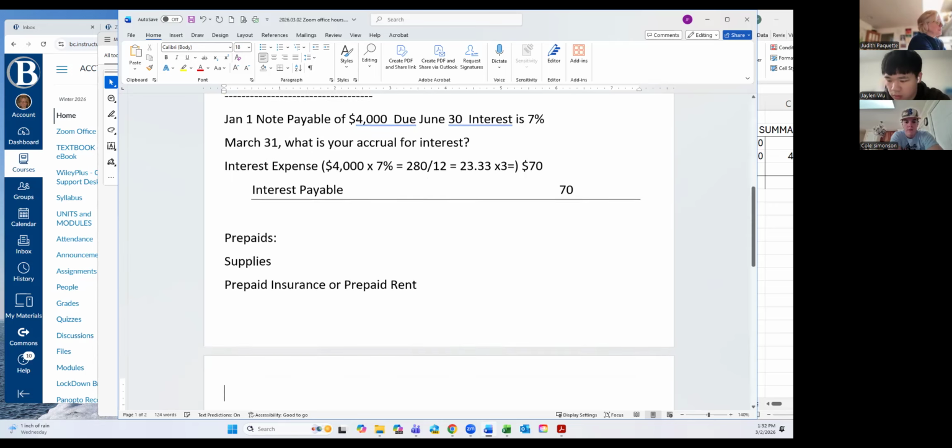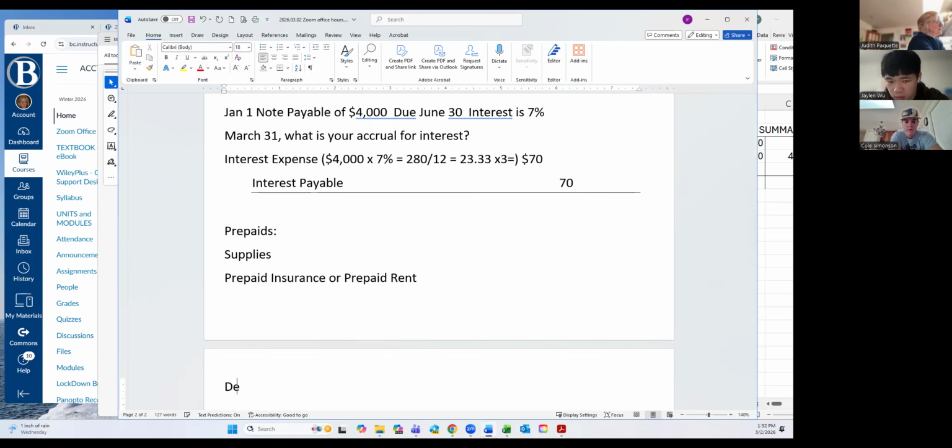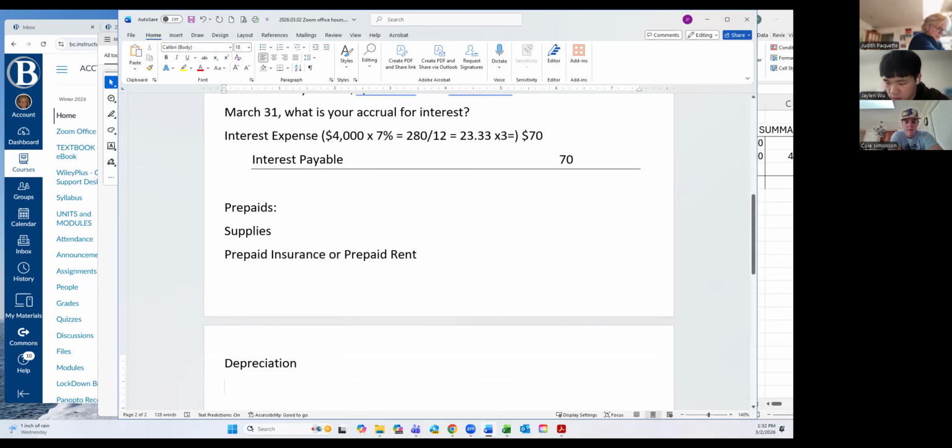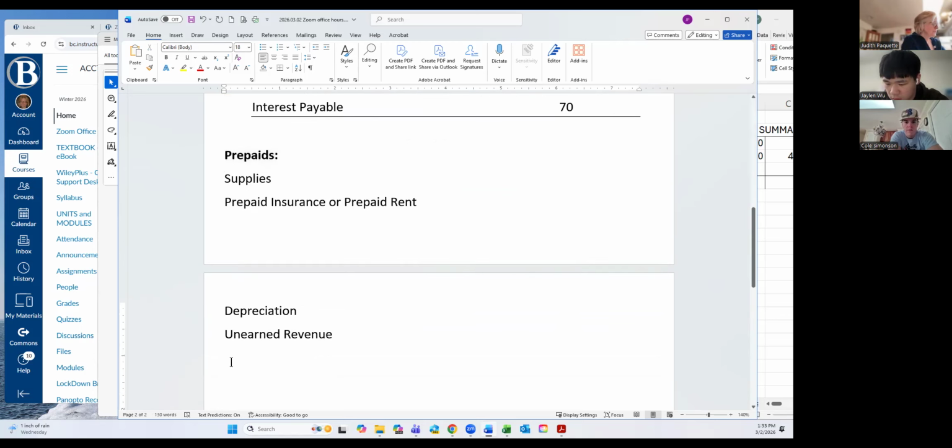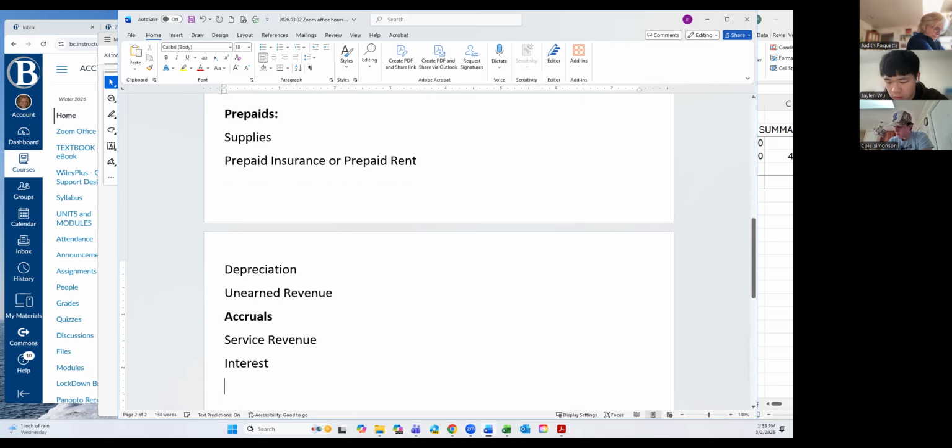Then we say depreciation. Then we say unearned revenue. Okay, that's the prepaids. Then we get into the accruals. And those are going to be accruing revenue, accruing interest, which you guys did above, and of course, salaries and wages.